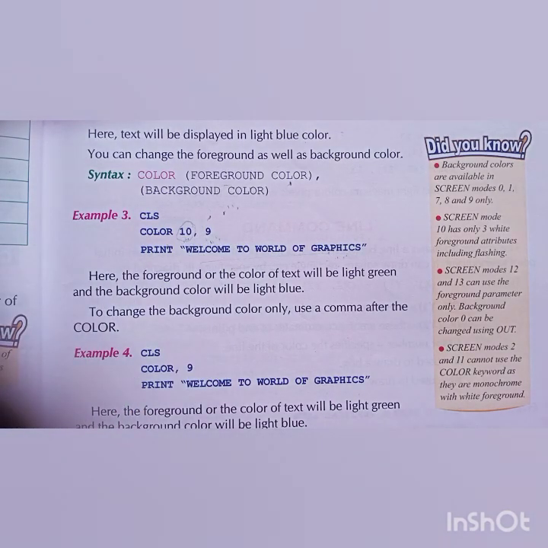This way we can make use of the color command to give foreground and background colors to the screen as well as to the text that is written on the screen or the one that you have made the program for. We will stop the video here and continue in the next video with more commands.